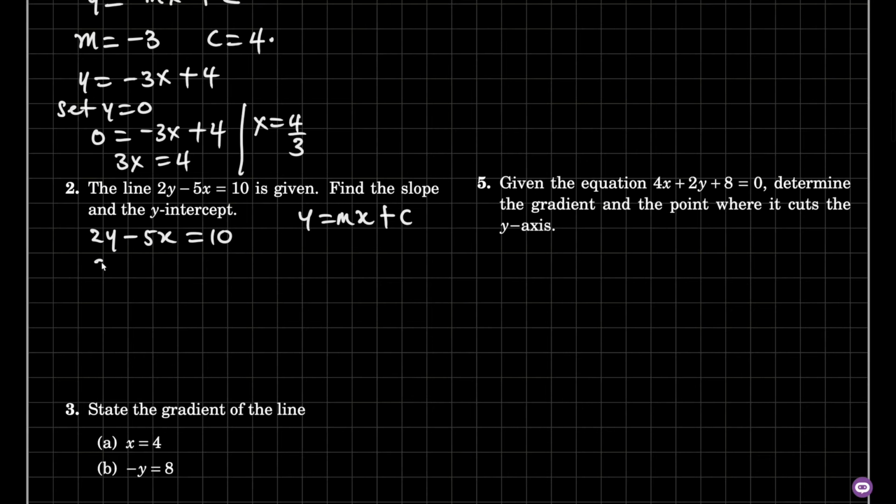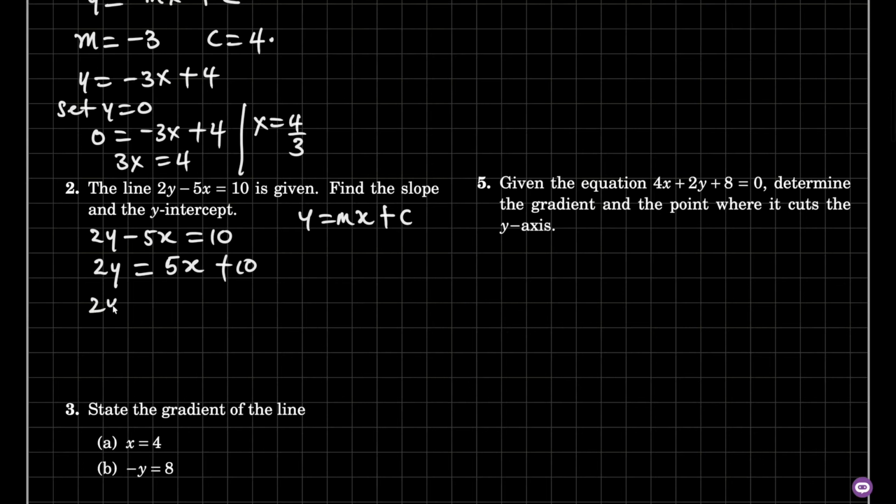So we have 2y is equal to 5x plus 10. Since we brought the -5x over the equality sign, it becomes positive, and the existing 10 stays as plus 10. You still have a 2 as the coefficient of y, so we have to divide both sides by 2.